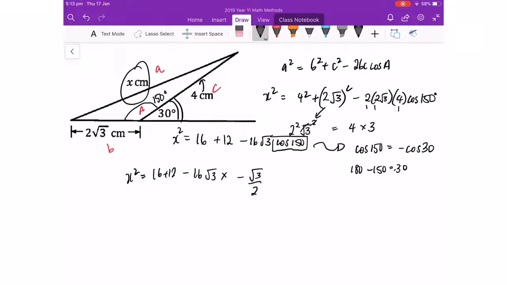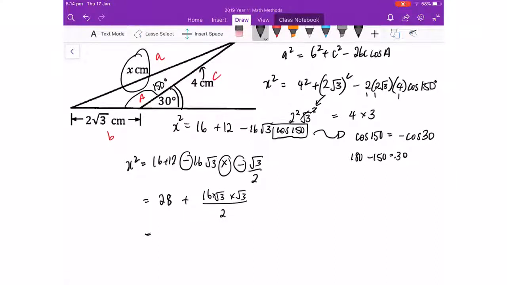There we go. Alright, so now what I'm going to do is I'm just going to simplify a few things. So I've got 16 plus 12, which is 28. I've got a negative multiplied by a negative, which makes a positive, so it's going to go plus. So 16 root 3 times by root 3 divided by 2.